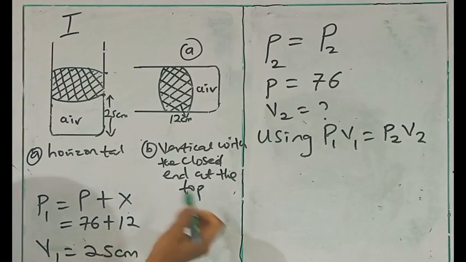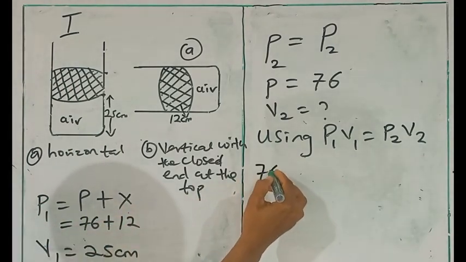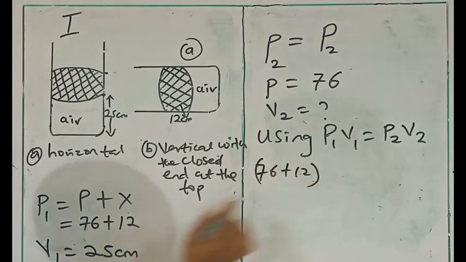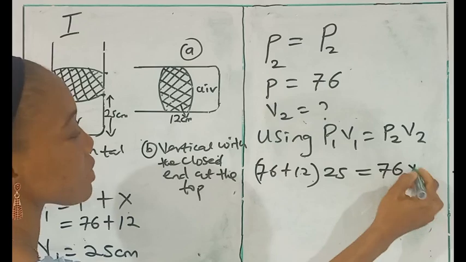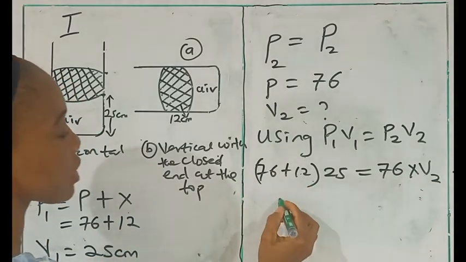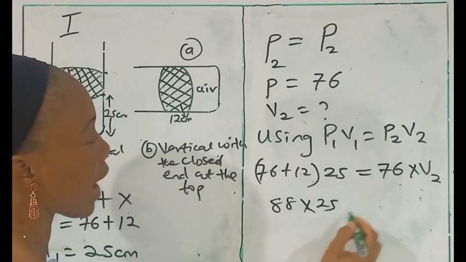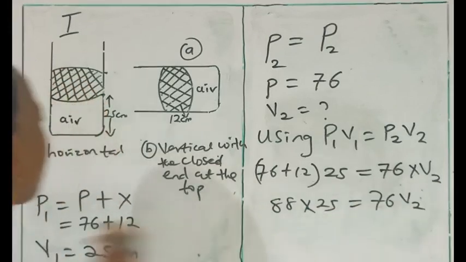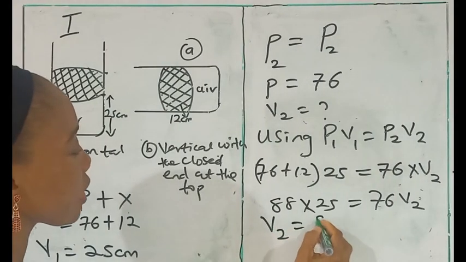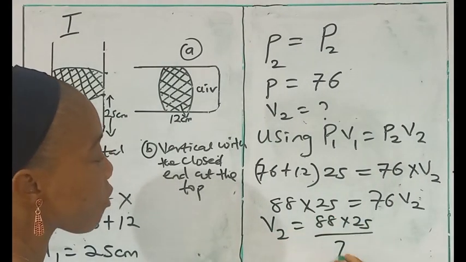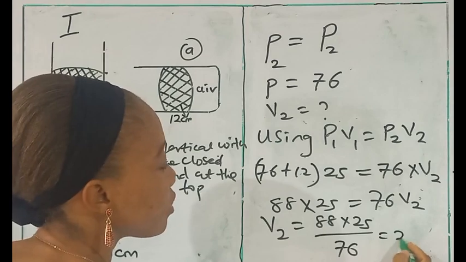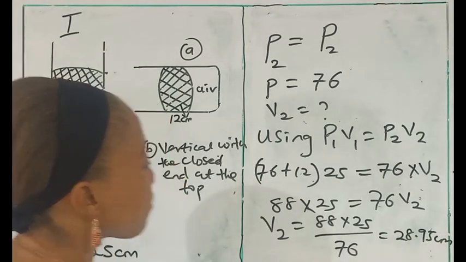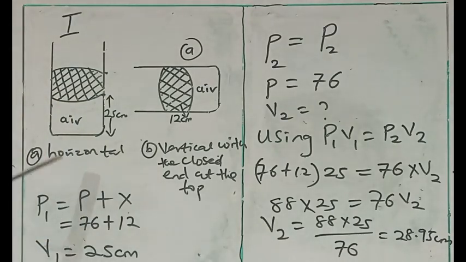We have P1V1 to be 76 plus 12 times 25 is equal to P2, which is 76, times V2. So 76 plus 12 gives us 88 times 25 is equal to 76 V2. So that V2 will be 88 times 25 over 76. And the volume will be 28.95 cm. This is for the horizontal.